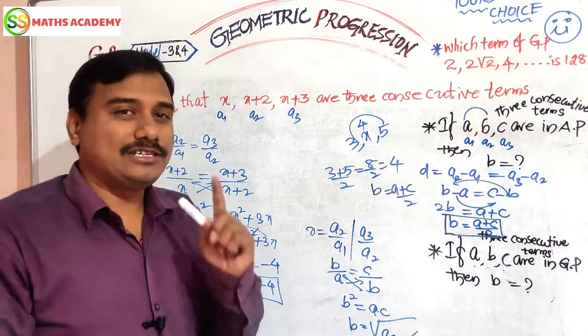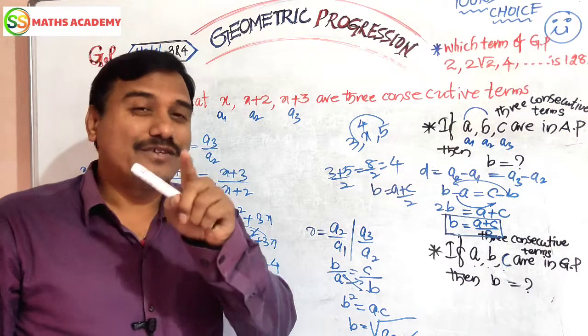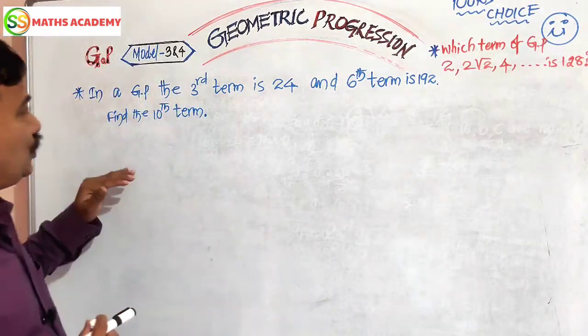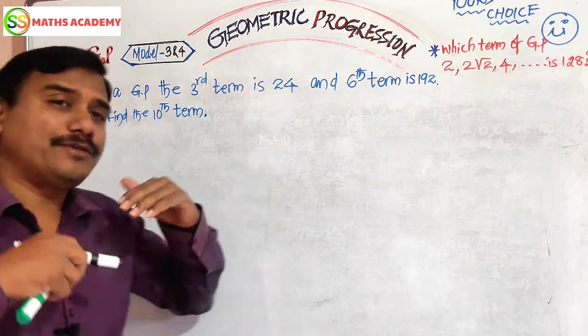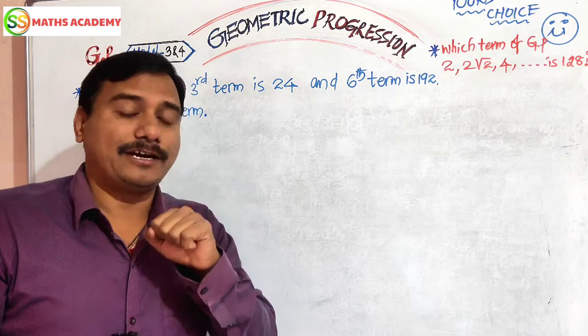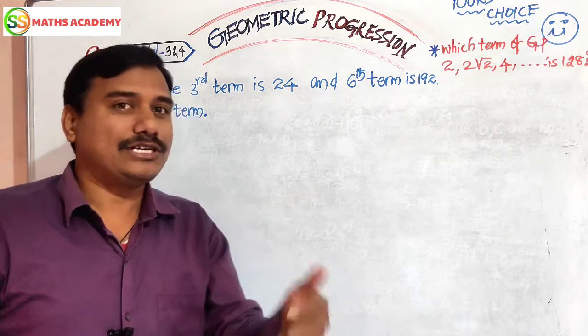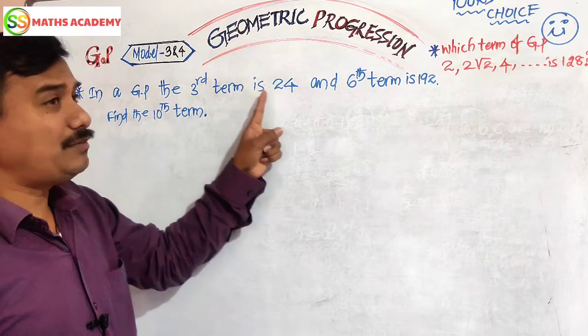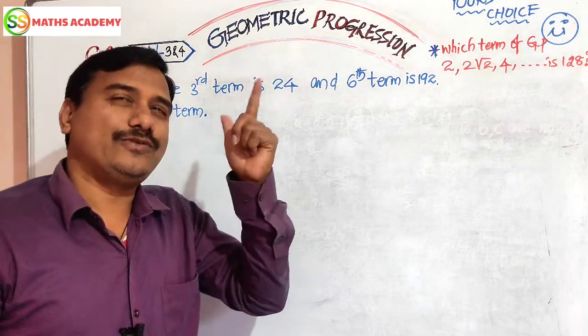Now dear students, let us see model number 4. The question, now I am reading the question. While you are reading the question, you can understand 50% of the answer. For example, in a GP, the third term is 24, that is, ar square equals 24.